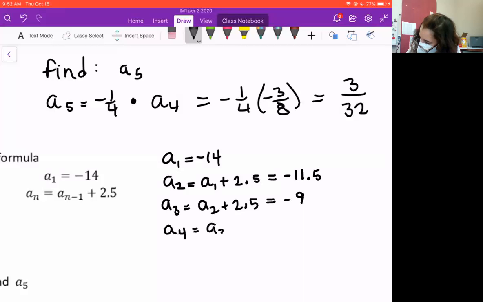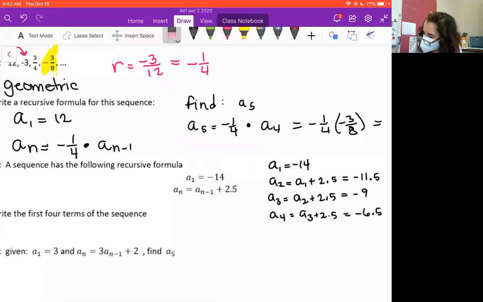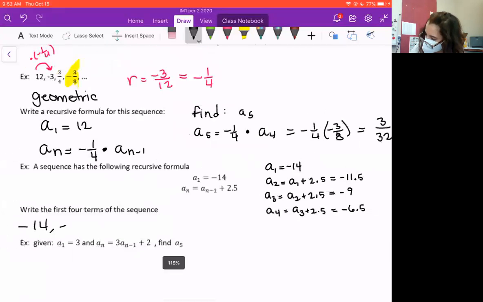We take the third term and we add 2.5 again. By the way, most people wouldn't write this all out. They would just write the sequence out. So if I add 2 to that, I get negative 7. If I add a positive 0.5 to that, I get negative 6.5. And we're almost there. Oh, nope, it said first 4 terms, didn't it? So we're done. So my first 4 terms are negative 14, negative 11.5, negative 9, negative 6.5.